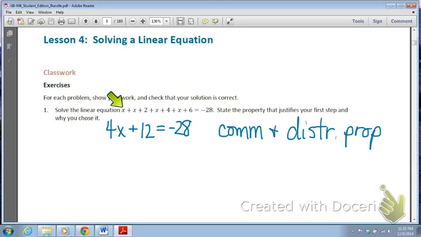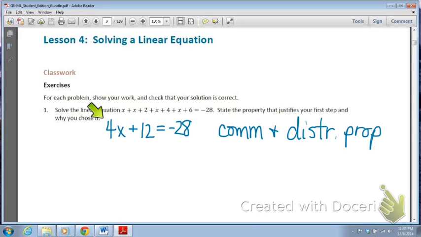So we've got x, here we've got x plus 2, x plus 4, and x plus 6. So those would be consecutive even or odd numbers. And we're saying that the sum of those adds up to negative 28.